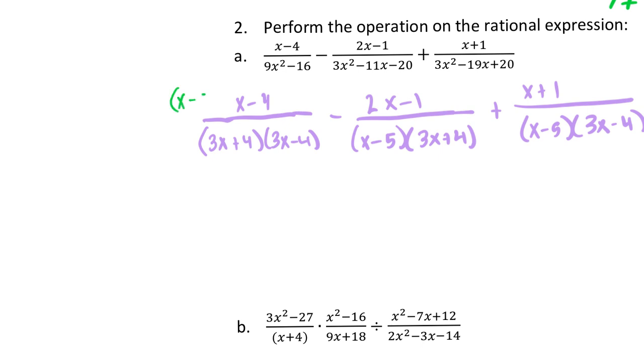So I'm going to multiply the top and the bottom by the part of the LCD that it is missing. On the second fraction, we are missing the 3x minus 4. And on the last fraction, we are missing the 3x plus 4.